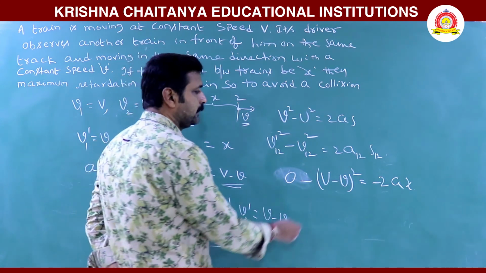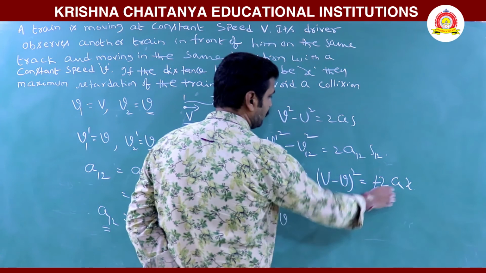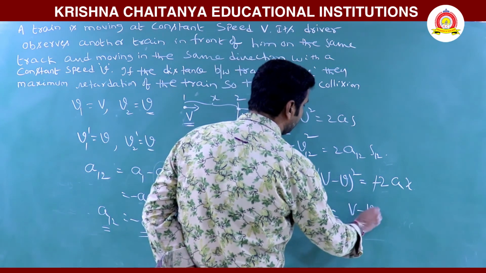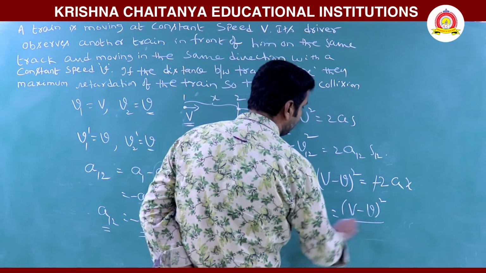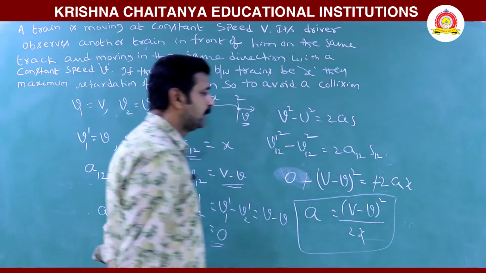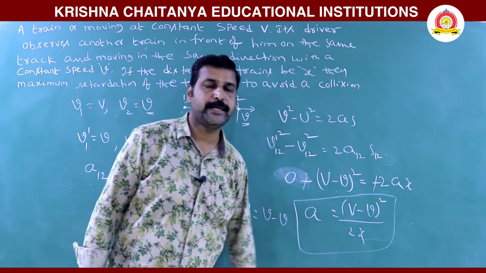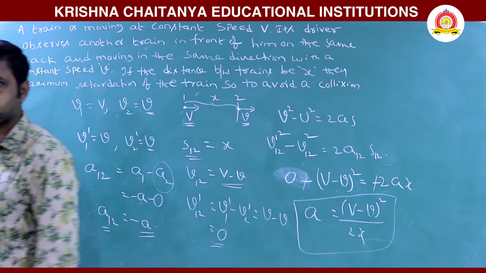Here the minus terms get cancelled, so a is equal to (V minus v) whole squared by 2x. This is (V minus v) whole squared by 2x. This is the retardation.